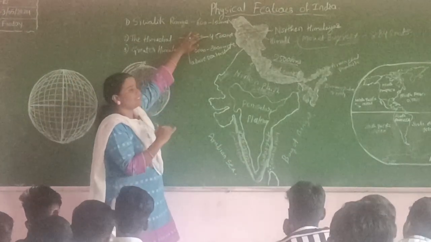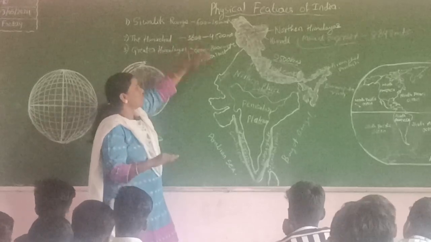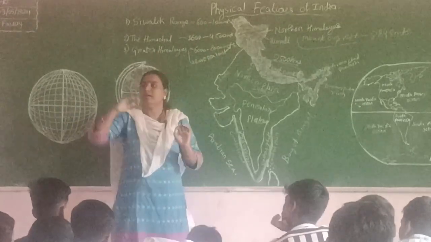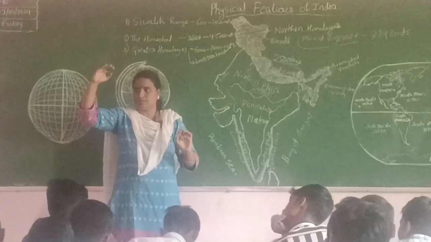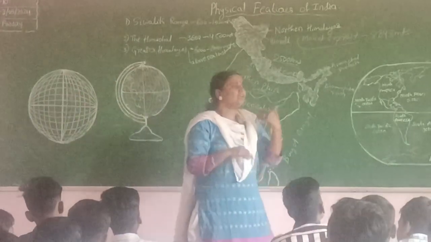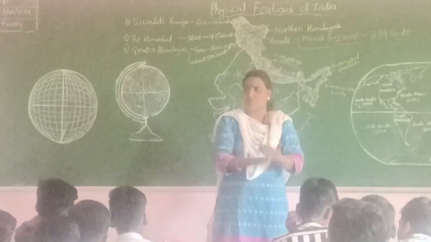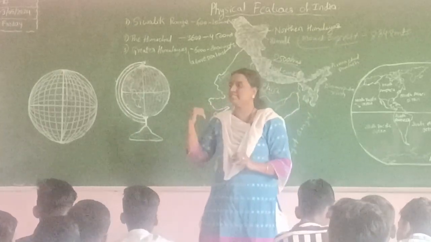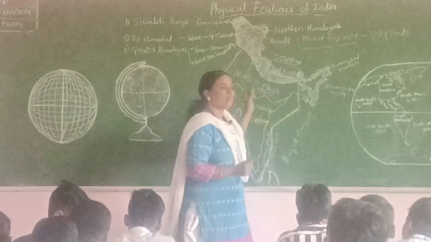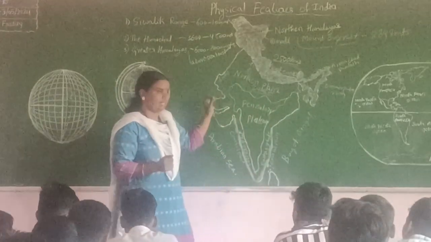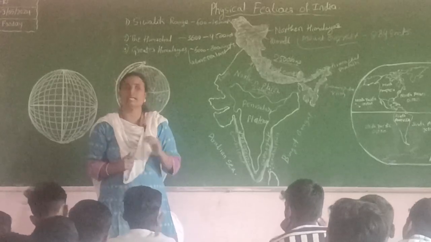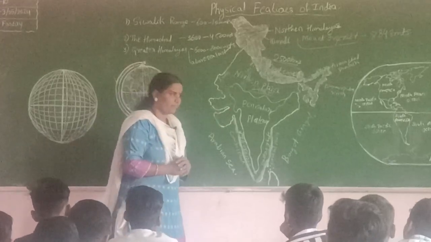The height of the Sivalik range from sea level is about 600 to 1500 meters. These are also called foothills because we can climb easily from the foot, and also recent hills because they were formed recently.